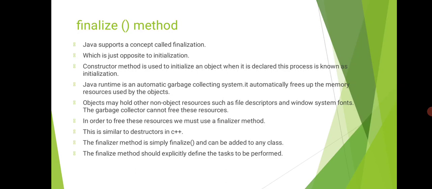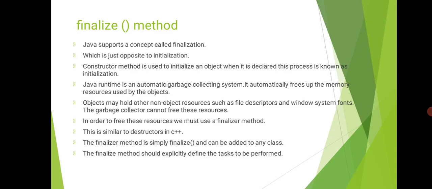So with the garbage collector heap, at runtime it will automatically allocate the memory for the object, and automatically after completion of the task of a particular object, it will delete the memory which was allocated. That is, it will free up the memory. So why do we not use a destructor function? But still, sometimes some objects may hold non-object resources, such as file descriptors and window system fonts.